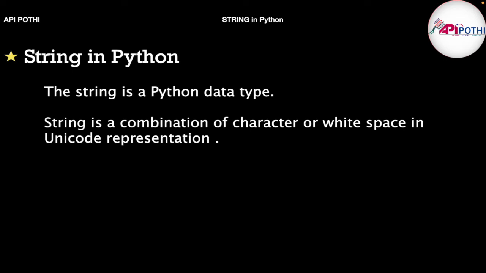A string is nothing but a combination of characters or white space. If we put many characters between double quotes, it becomes a string. As well, if we put a number of white spaces between double quotes, it will become a string. In Python also, the definition remains the same.